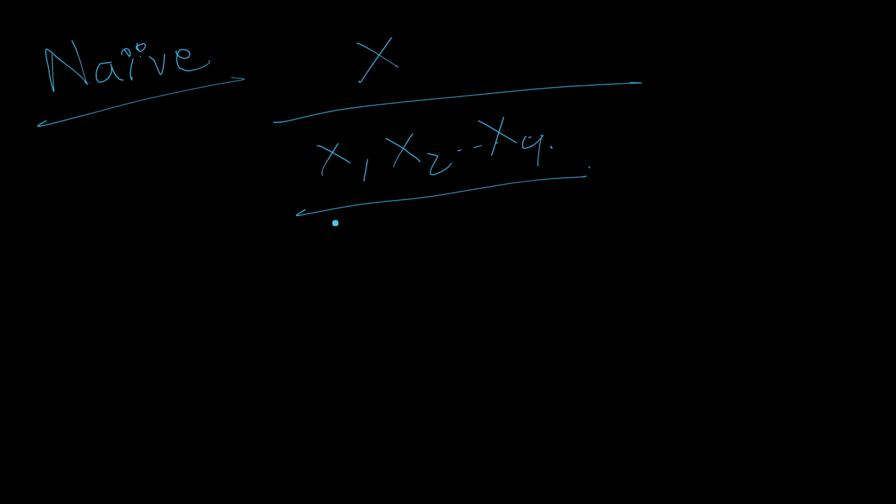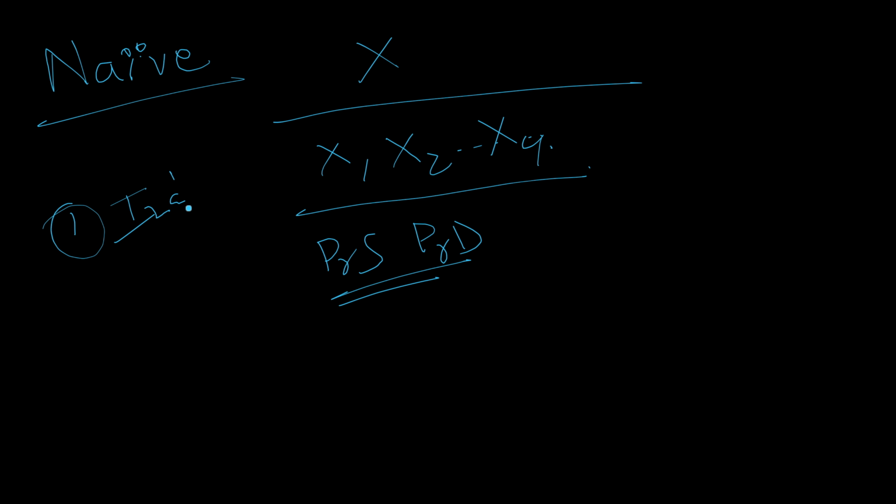Okay, so for example, in the case of the data set that we have taken, we are saying that pressure systolic and pressure diastolic are independent. And if you talk to a doctor, maybe in some cases they are independent, but in many cases they might be related. So this might not be a real world scenario. In fact, if you take most of the scenarios in the real world, you will find that it is a very complicated relationship. It is not so simple that you can consider it completely independent. Okay, so because of this conditional independence of the features, this is a naive assumption, so it is called a naive Bayes classifier.